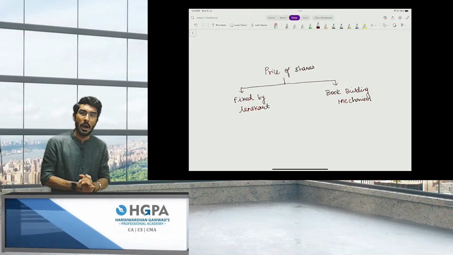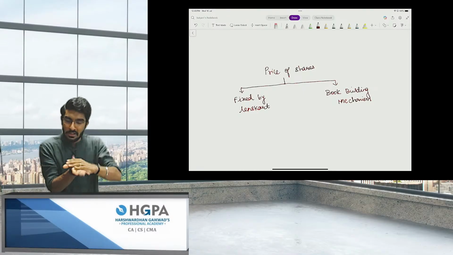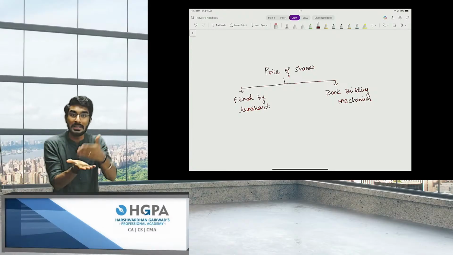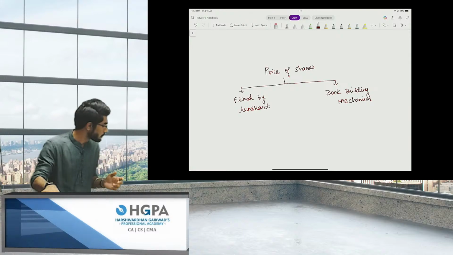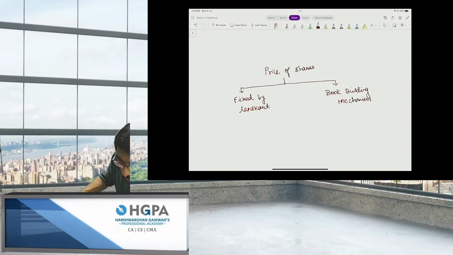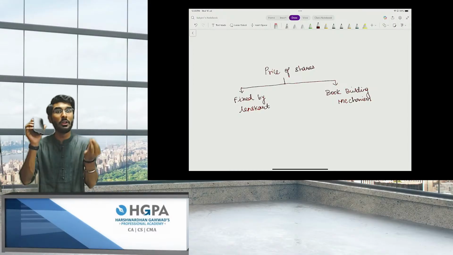People, let's say you are into business, you have made a product, but you don't know at which price you need to sell it to the public. You don't know what the worth of your product is. Let's take an example of a mobile.